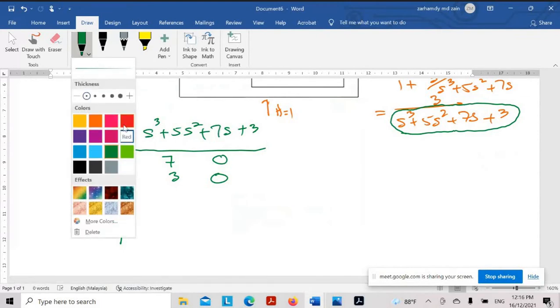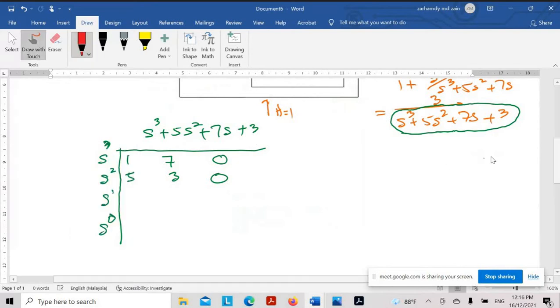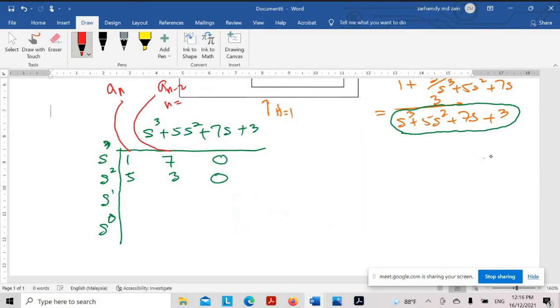Maksud dekat sini adalah, this one is AN, this one is AN minus 2. Our problem statement now, the value of N is 3.